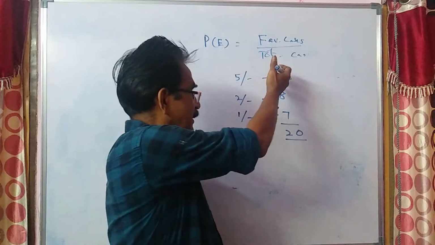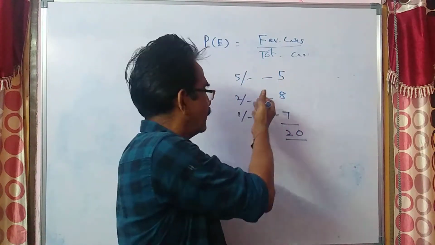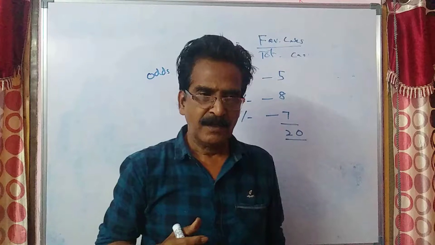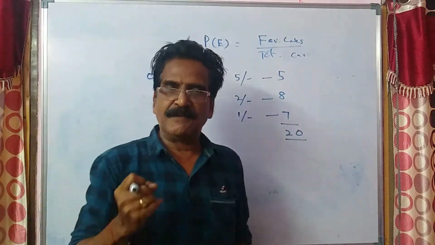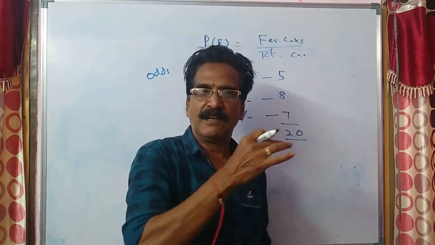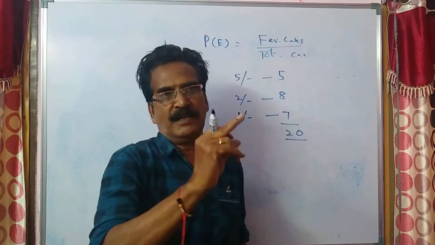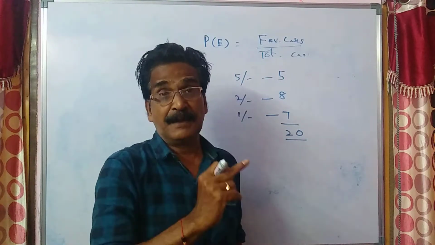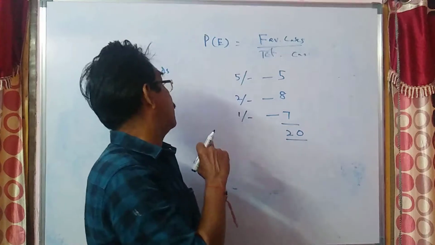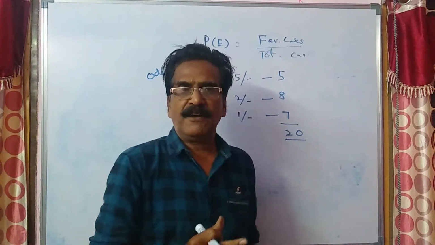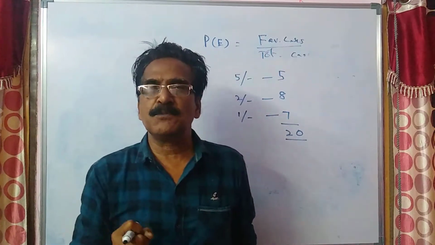So in a bag, 5 rupee coins are 5, 2 rupee coins are 8, 1 rupee coins are 7. 4 coins are drawn from the bag. What is the odds in favor of drawing the maximum possible amount?